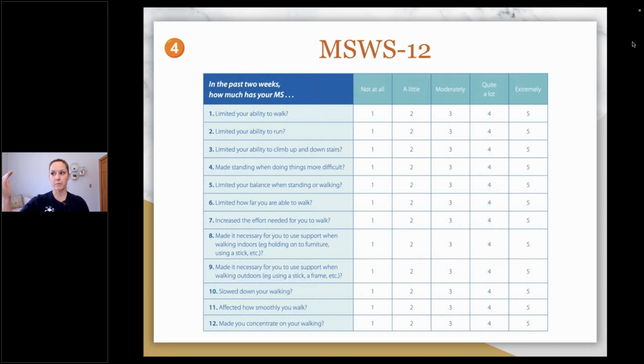And the more 5s you have, the more likely your walking has been affected within the last 2 weeks. But you add it all up, and then we can compare to how you were doing previously, whether it was 6 months ago, 1 month ago, a year ago.